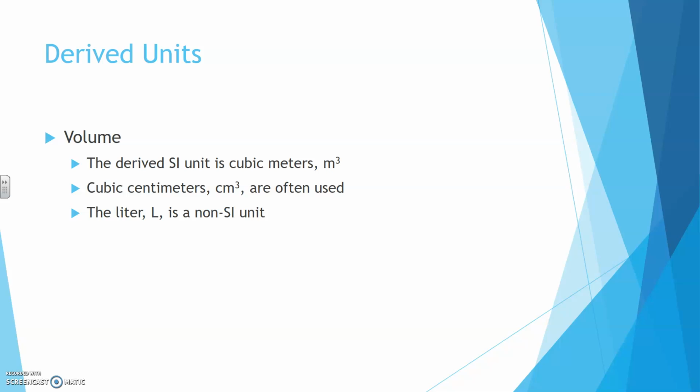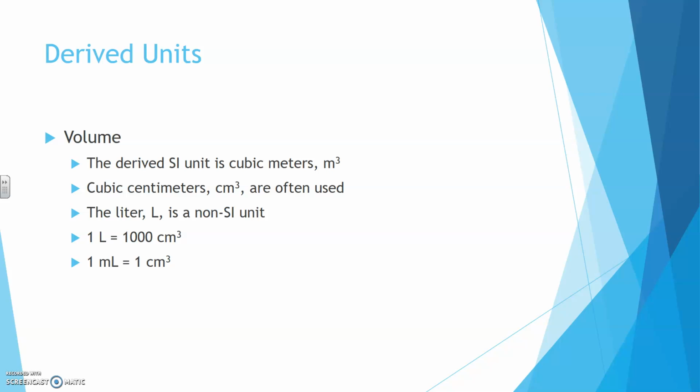It is actually based on centimeters cubed. So 1 liter is equal to 1,000 centimeters cubed. And on the flip side of that, 1 milliliter is also equal to 1 centimeter cubed. So it's a very easy conversion, really. Just 1 centimeter cubed is the same as 1 milliliter.